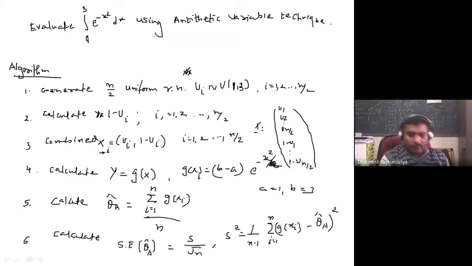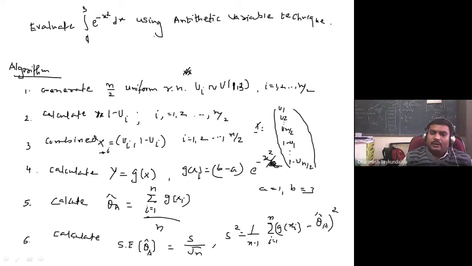So we know that in antithetic variable techniques, we require two variables which are negatively correlated. Suppose I say uniform, then 1 minus u is also a uniform, and the covariance between u and 1 minus u is minus 1 by 12, which is the variance of u. So it is a negative correlation. I will generate n by 2 uniform random variates, and because I am integrating from 1 to 3, I am generating uniform from 1 to 3. Then I will calculate 1 minus ui.